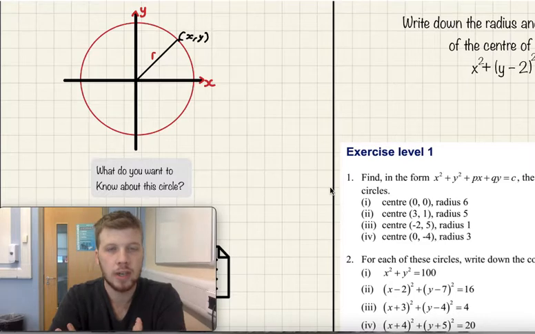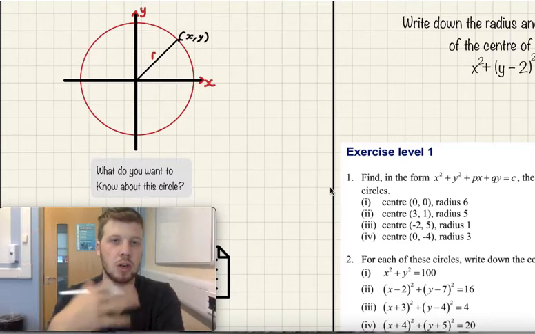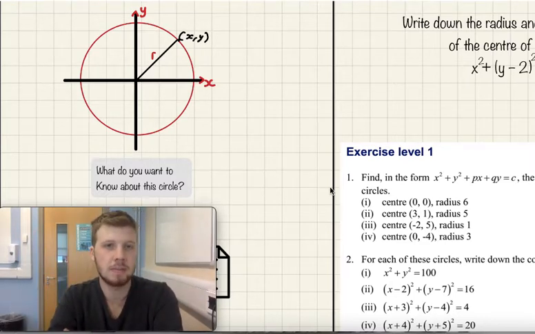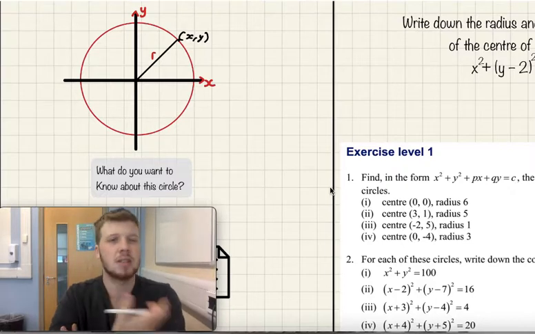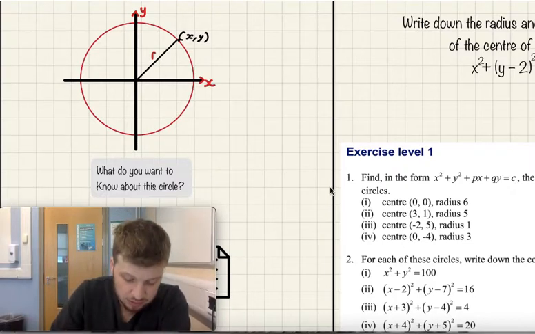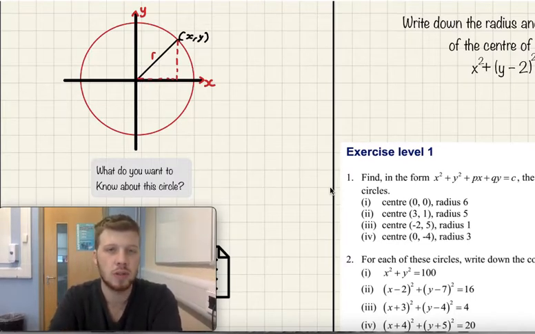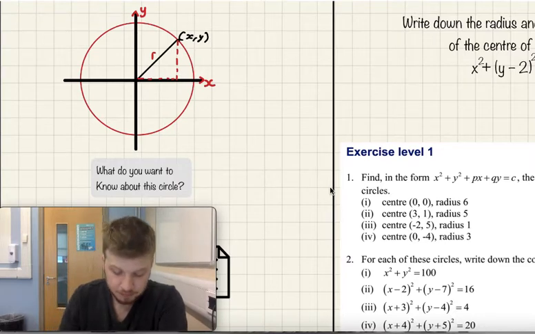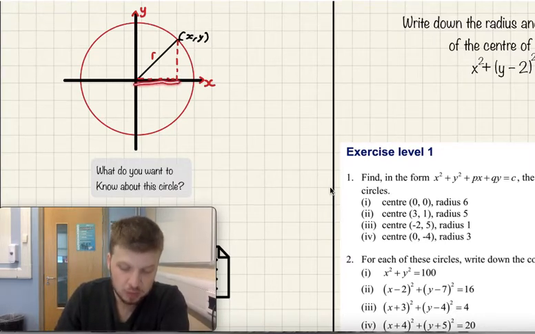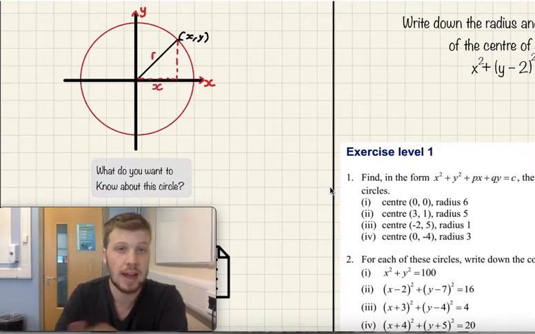So, what can I do here? I've got a point and I've got a radius line. Well, I can actually make a right angle triangle, and this is going to help me because once I form this right angle triangle coming down and across, if I know all the lengths of these, I can get some sort of equation which links everything together. The first length I want to look at starts from the origin and goes out to whatever the x coordinate is, so that's going to be x.